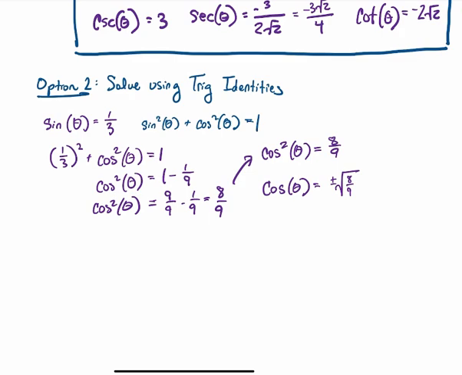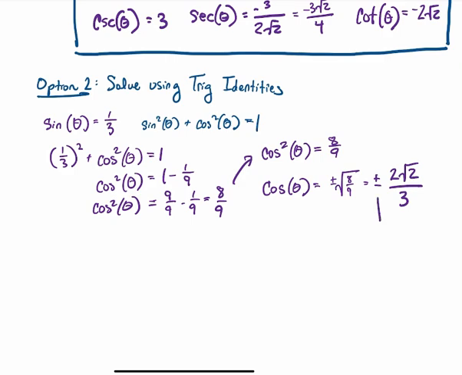Remember, if you have a square root of some fraction, a over b, we can take that as the square root of a over the square root of b. So we can view this as the square root of 8 over the square root of 9. Remember earlier we said the square root of 8 was 2 root 2, and the square root of 9 is 3.